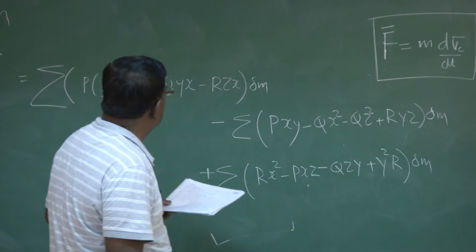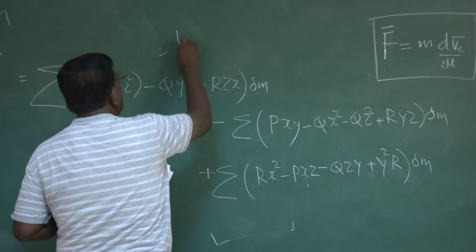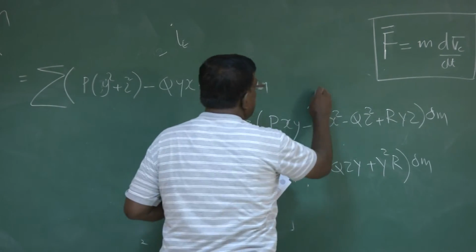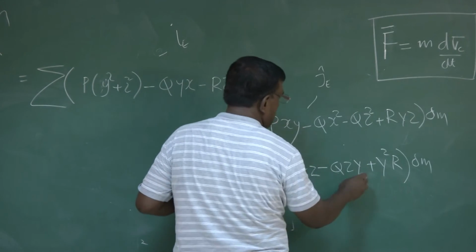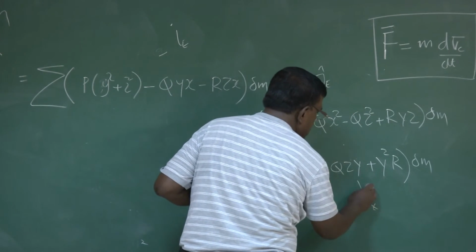You could see here, first one is the Ie component, second one is the Je, and third one is the Ke component.